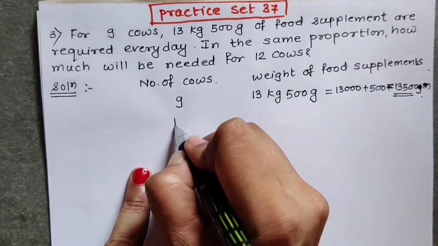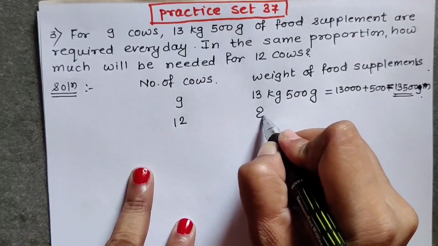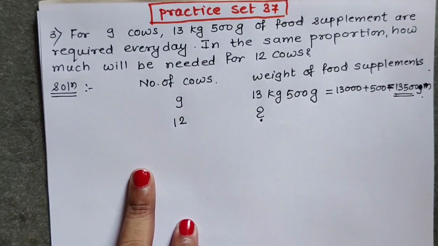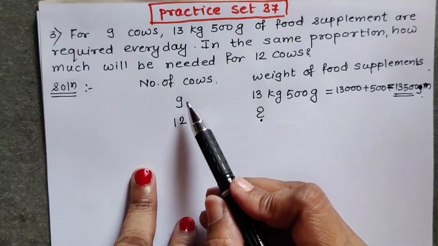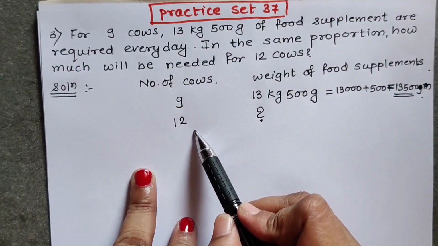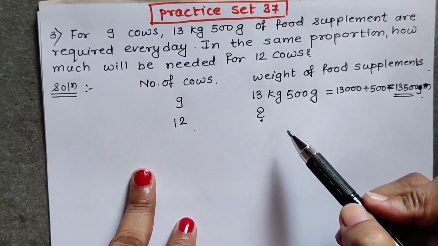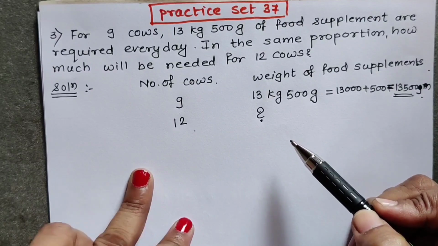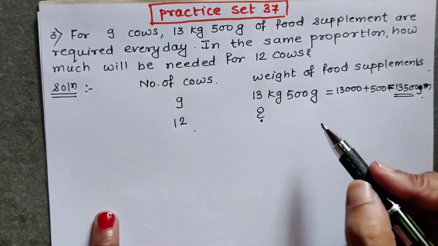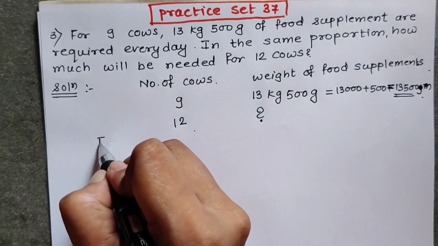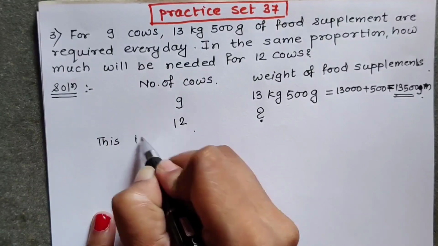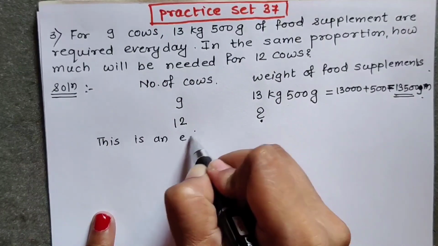We have to find for 12 cows how much food supplement will be required. So children, when the number of cows is increasing, automatically the food supplement they require will also be increasing. So that means what? This is an example of direct proportion.